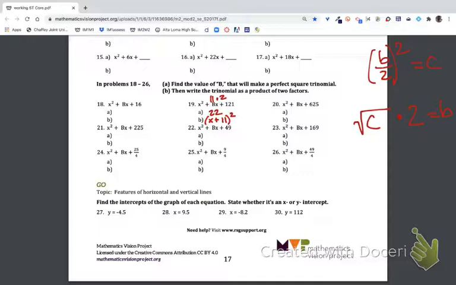Let's try it again. Number 21. Let's take the square root of 225, and if you do that on a calculator, it makes it a whole lot easier. It's 15. Multiply it by 2 is 30. So writing out the factors, you'd get x plus 15 all squared. Number 23.